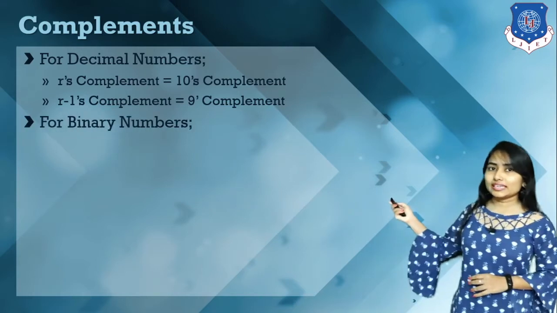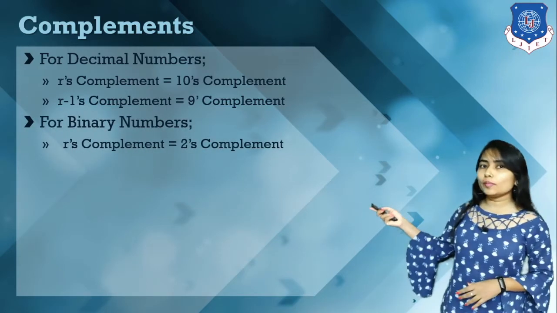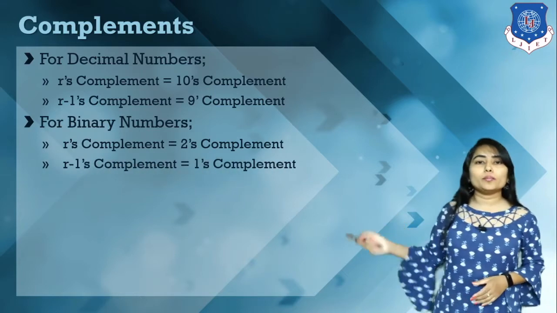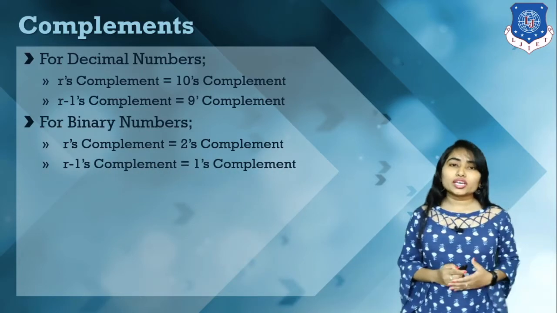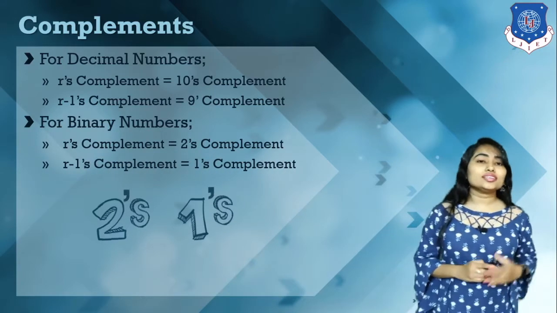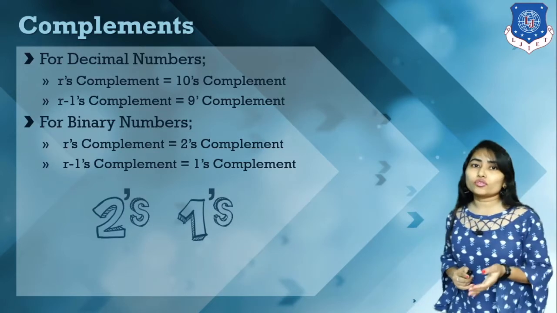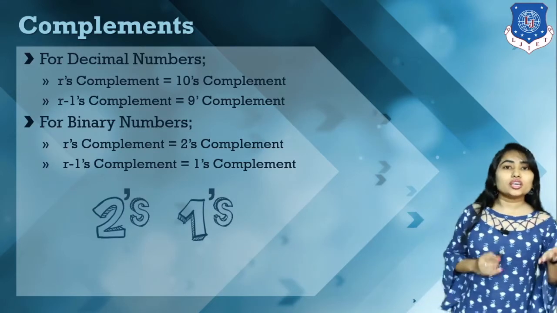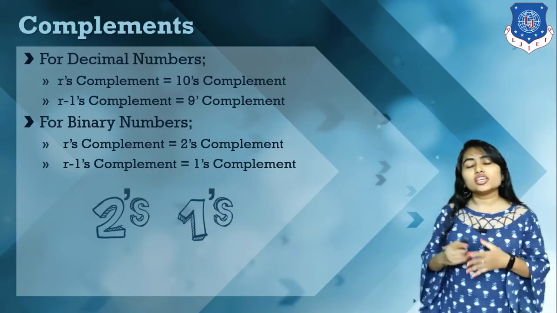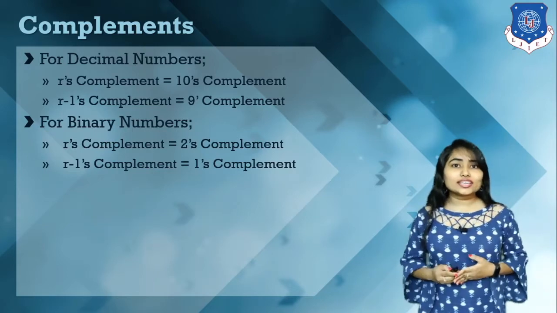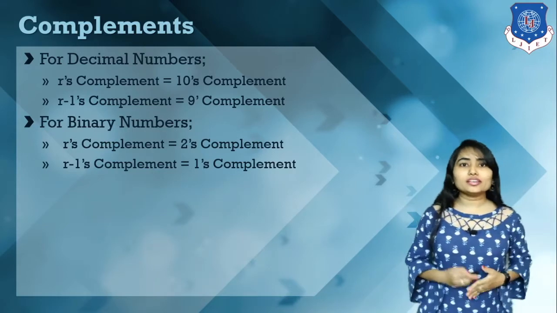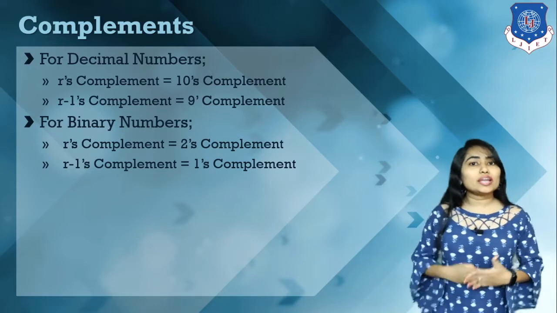In binary we have the 2's complement and the 1's complement. So we can perform subtraction using the 2's complement or 1's complement, or the 10's complement or 9's complement. How can we calculate the 10's, 9's, 2's and 1's complements? Let's discuss one by one.